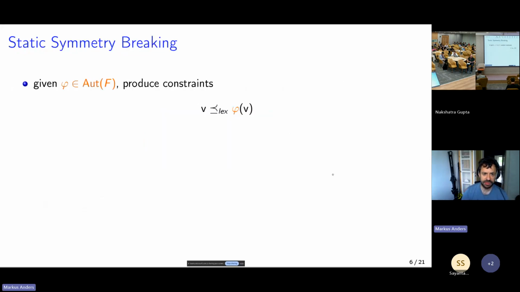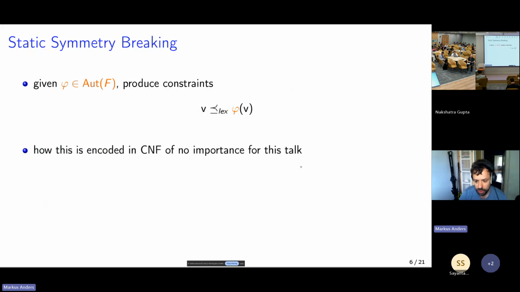So the constraints that we're going to add are given some symmetry, the constraint which checks whether when we apply the symmetry phi to our current assignment, does it get larger with respect to some lexicographic ordering of the strings. And for this talk, it doesn't really matter how this is encoded precisely into CNF.